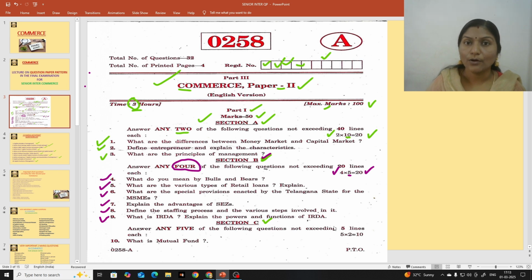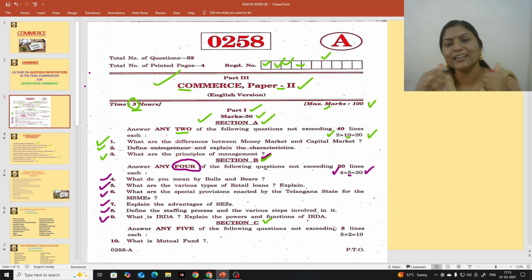If you are going to attempt question number 32, write question number 32, but don't change the question number. There is no need to write the question, but the question number should be correct. Hope this is clear for everyone.